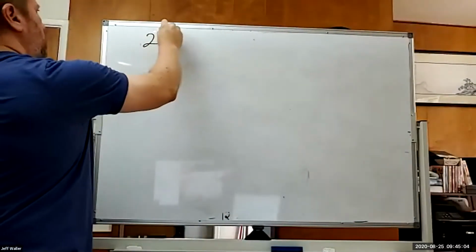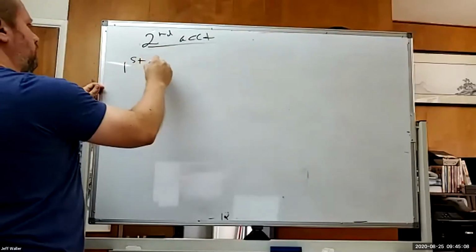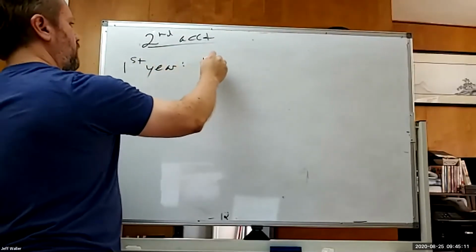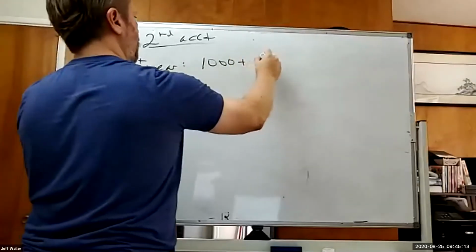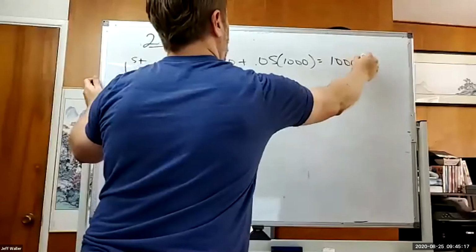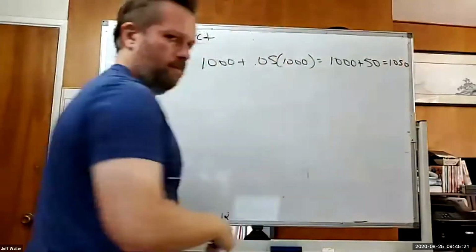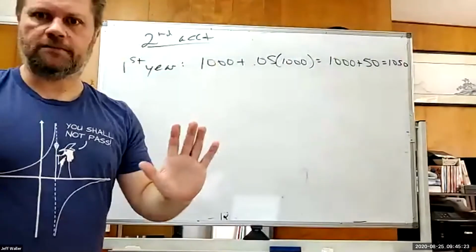So in that second account, at the end of the first year, we did 1,000 plus 5% of 1,000. That's what we did.